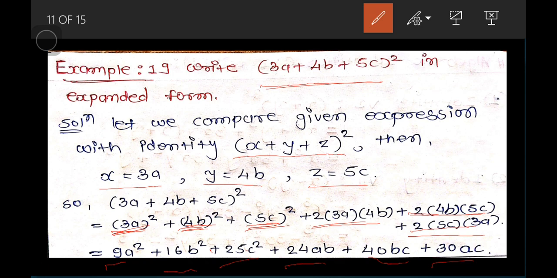So now here you can see that we have expanded the given expression with the help of identity 5, that is (x plus y plus z)², and we expanded this expression.